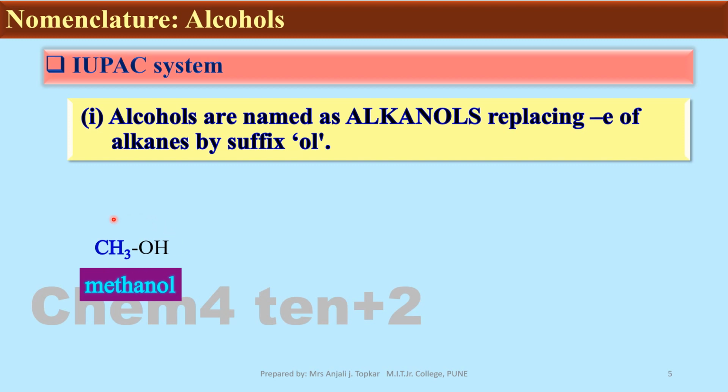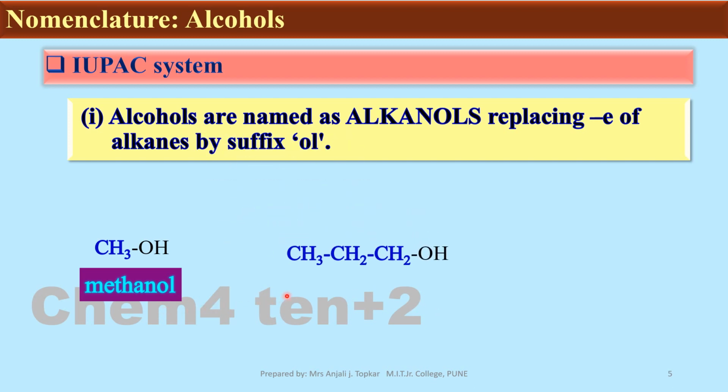As this compound contains OH group, E of methane is to be replaced by OL. As we can find here, alcohols are named as alkanols, replacing E of alkanes by suffix OL. So E of methane is removed and it is replaced by suffix OL.